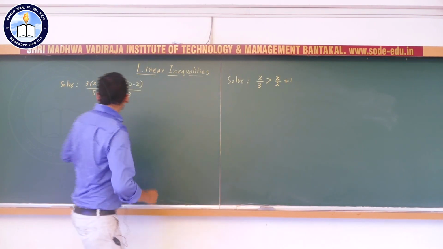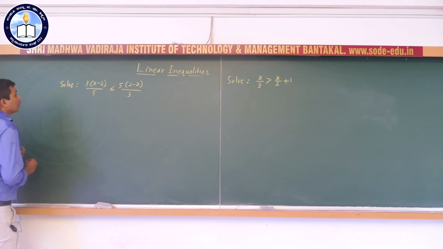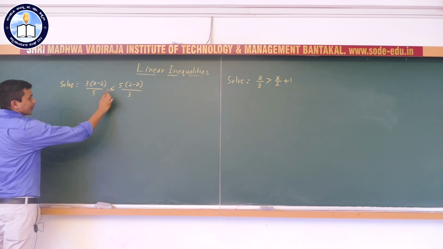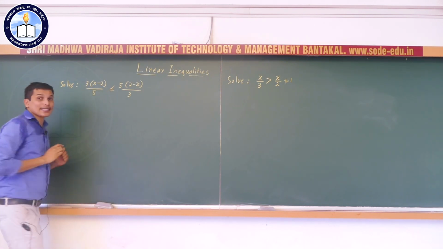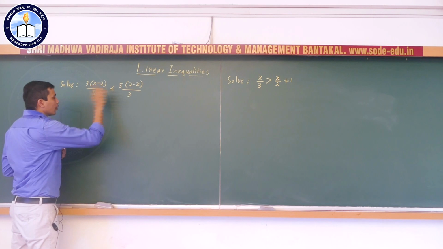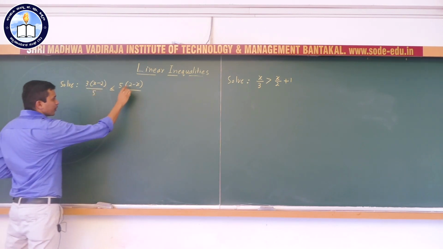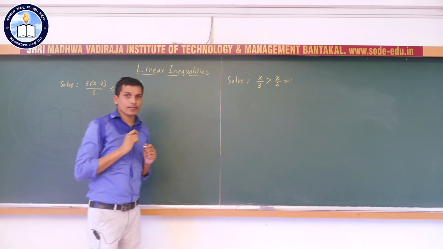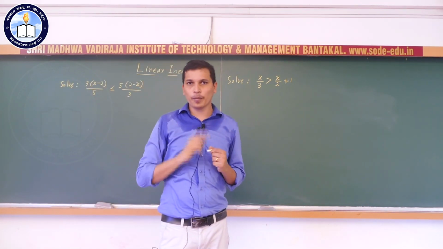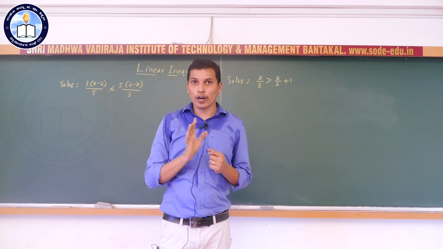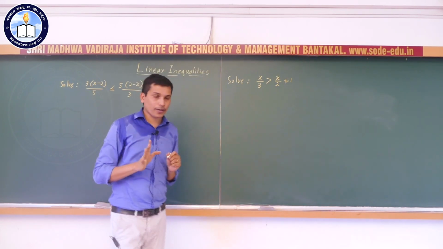Shall we go for the next question here? It is once again an inequality. Which inequality? A slack inequality, less than or equal to is there, okay fine. And here it is numerator, denominator, numerator, denominator, but luckily the denominator is a number. If the denominator is some expression, you can't go for cross multiplication here, okay.